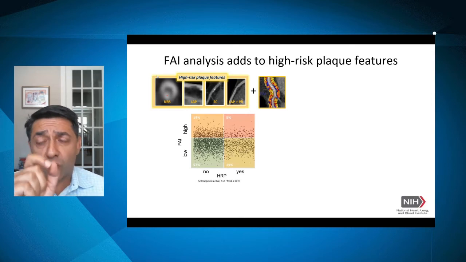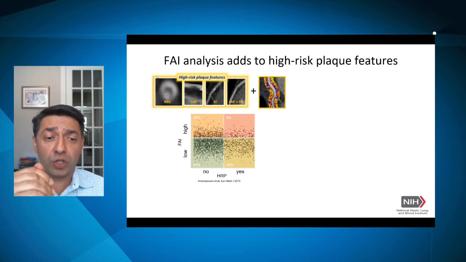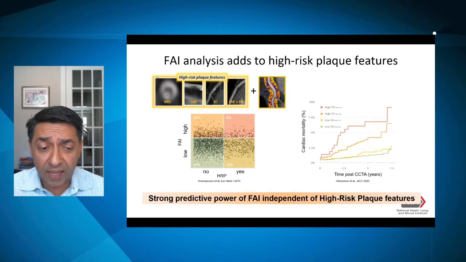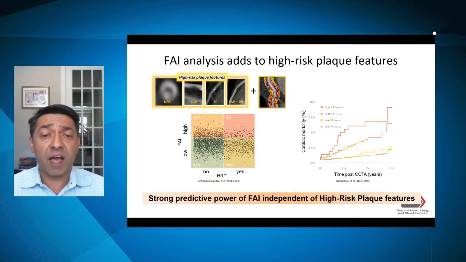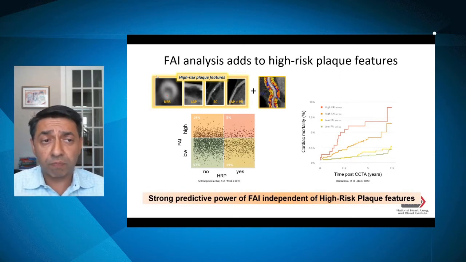And if you look around for coronary inflammation, what the 2x2 table on the bottom left shows is that those who have the high-risk plaque feature as well as high FAI had more cardiac mortality over 7.5 years of follow-up. So in addition to high-risk plaque features being characterized, FAI even adds to that prognostic value.